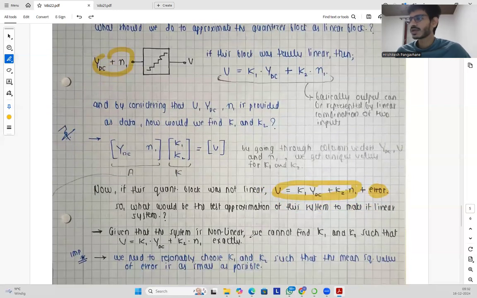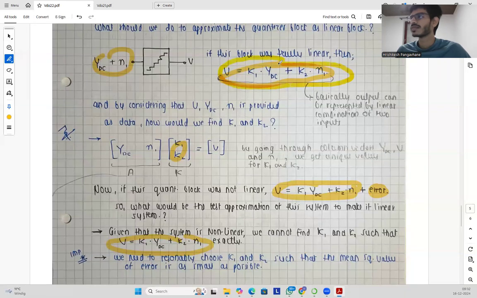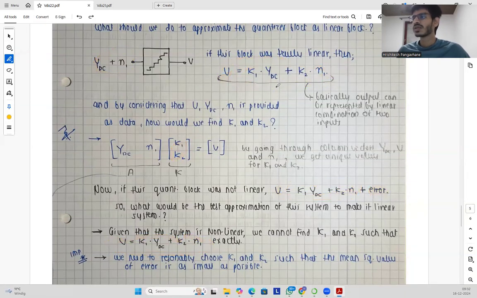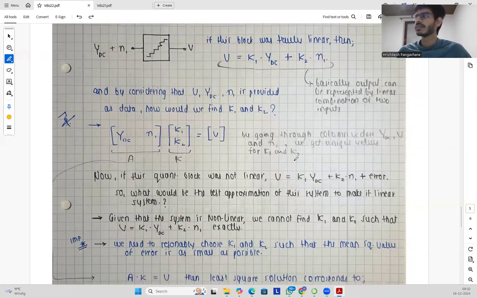Given that the system is non-linear, we cannot find K1 and K2 such that V is exactly K1 times YDC plus K2 times N1. If it was linear, we could find K1 and K2 exactly. But if it is non-linear, it's not possible to find K1 and K2 such that it behaves like this exactly. So we need to reasonably choose K1 and K2 such that the mean square value of the error is as small as possible.